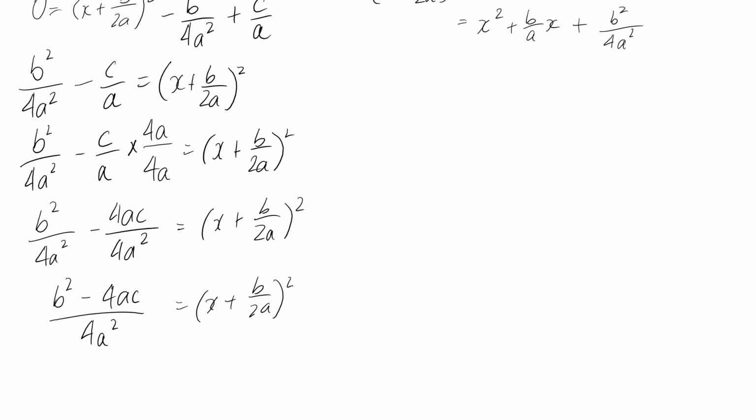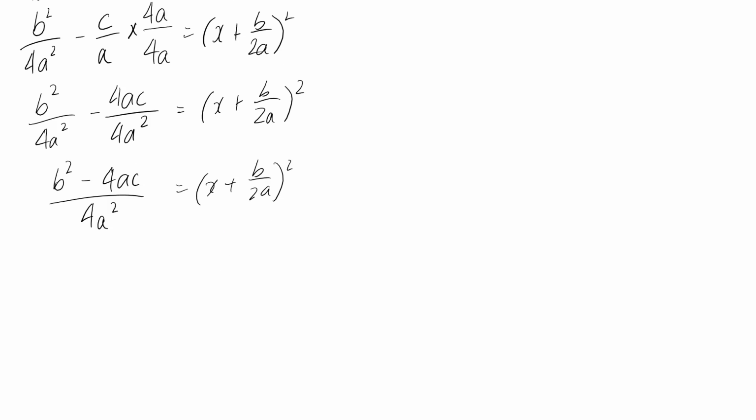Alright, so next up, I want to try and get this x on its own. So I think the best thing to do would be to undo the square. And to do that, we need to take the square root of the other side of the equation. So, taking the square root here, we get that, and of course it undoes here, so we're just left with the b on 2a.